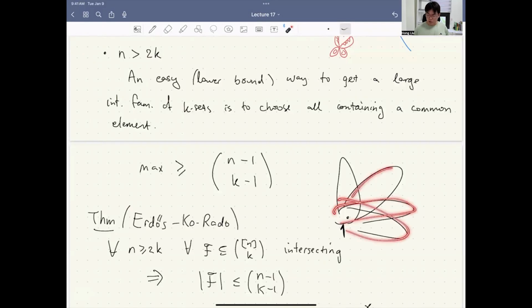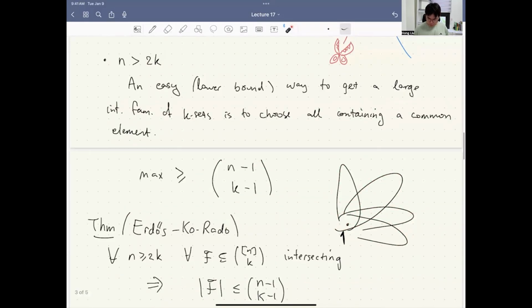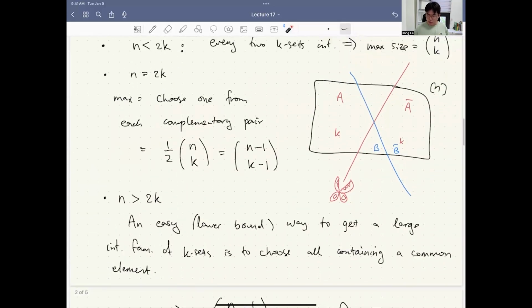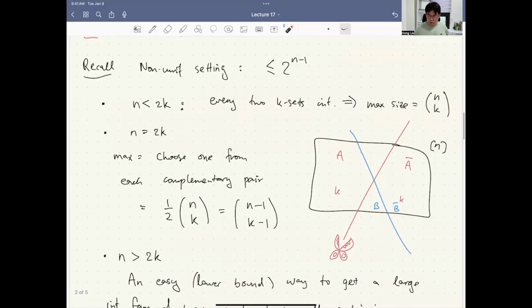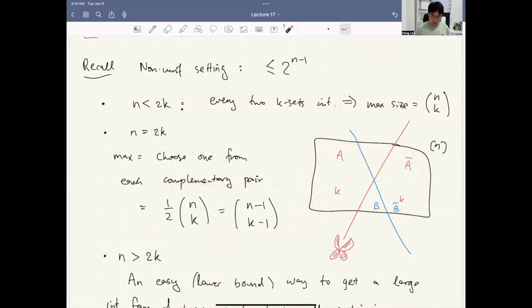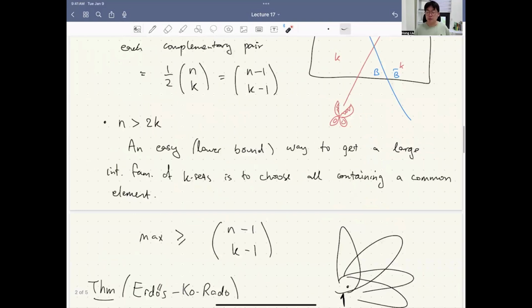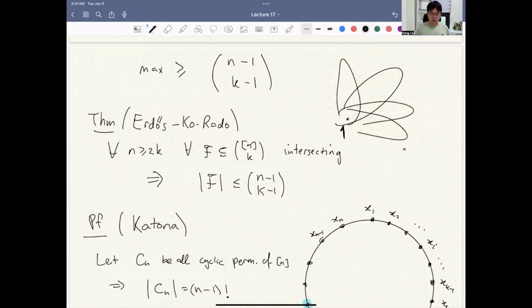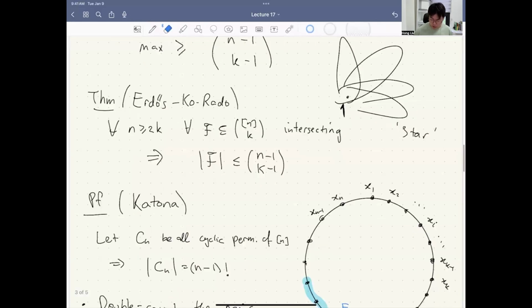Obviously, we can take the trivial one containing a fixed element, which is n minus 1 choose k minus 1. Or we can take these complementing pairs, which happens to also be n minus 1 choose k minus 1. But for n strictly greater than 2k, these trivial ones containing a fixed element, let's call it a star, are the only maximizer. So let me make this remark.